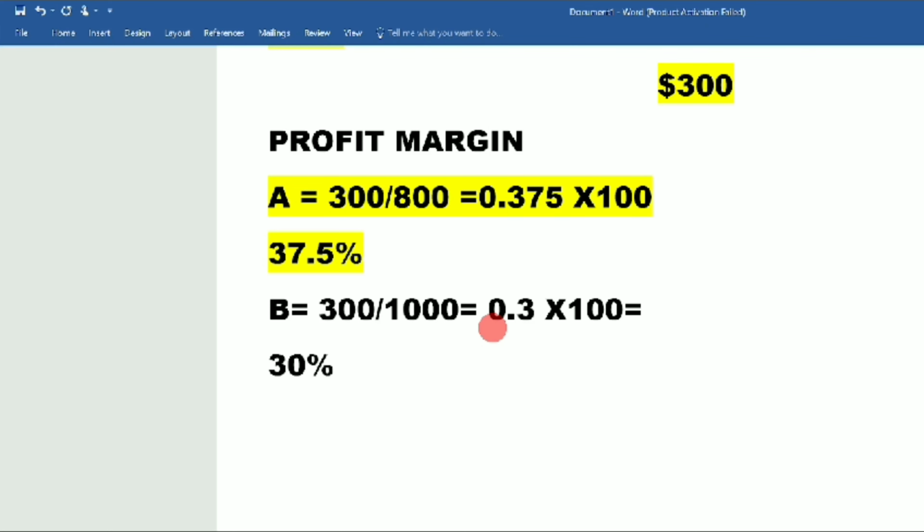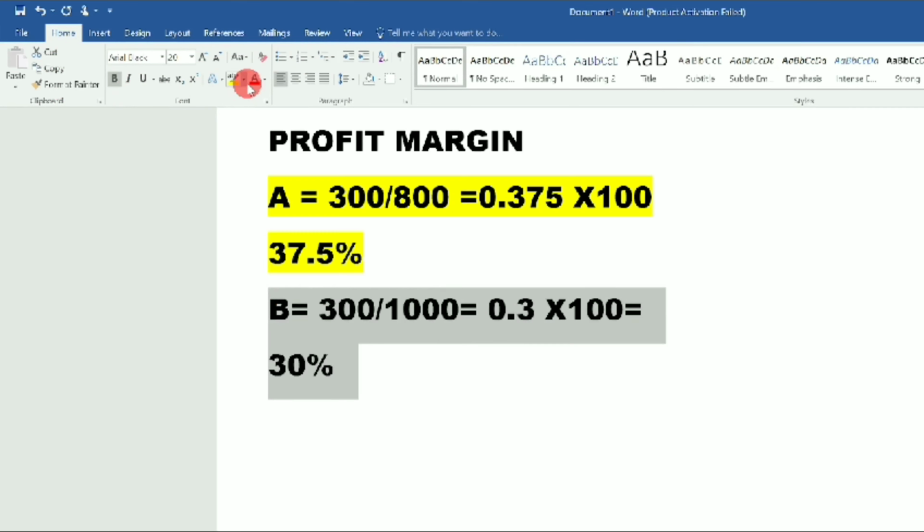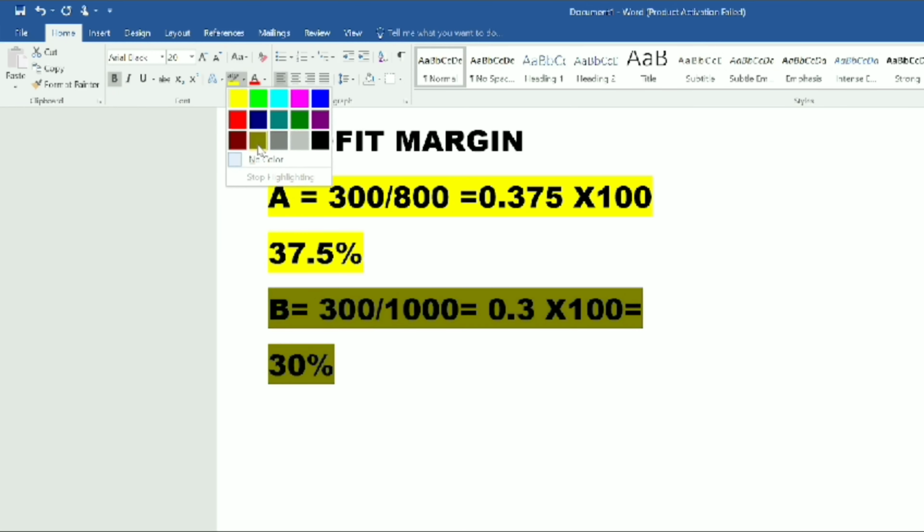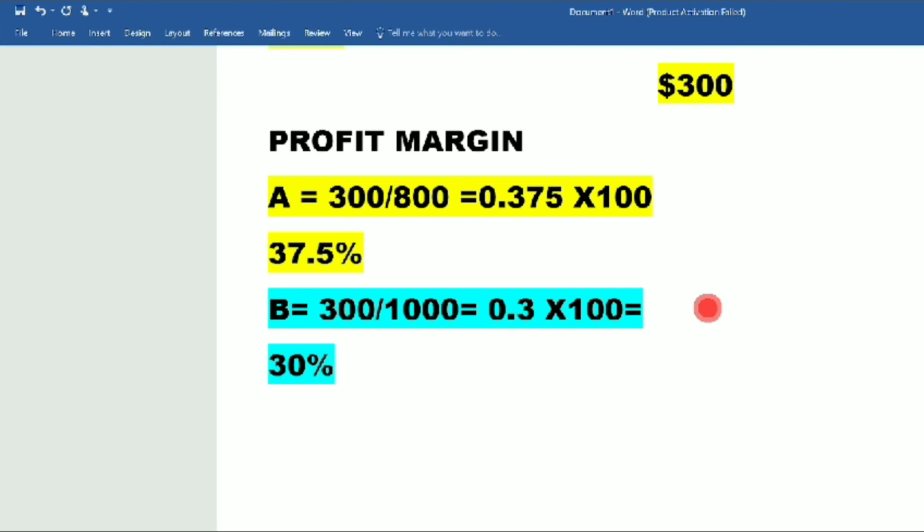Okay, 30%. Now we have started seeing some differences. Let me give this a different color, something brighter, maybe green.